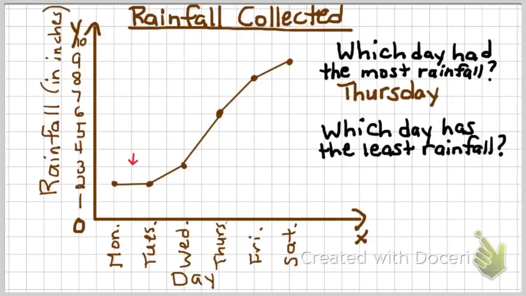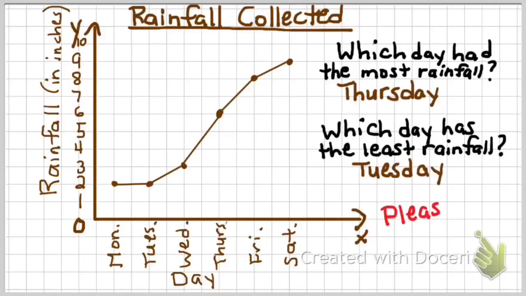So I have all these choices to look at: this line segment, this line segment, this one, or this one. Which one shows the least change? It's not steep at all, and it's the most like a regular horizontal left and right line. It's definitely going to be this line segment. And this line segment falls between Monday and Tuesday, and it doesn't say between which 2 days, it just says which day. So if that's the case, we always pick the second one, so our answer would be Tuesday.